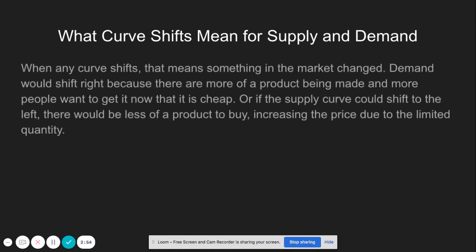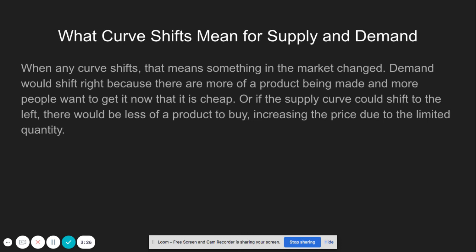Now, what does this mean for supply and demand? What do the shifts mean? It means all sorts of things. That means the market is changing by either a good or a bad thing. For example, demand would shift to the right if a product is being made more, and since there is more of it, the price will go down, meaning people will want it now because it's cheaper, so they can save more money.